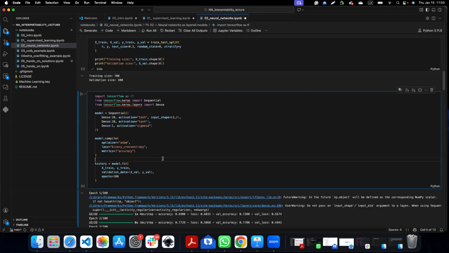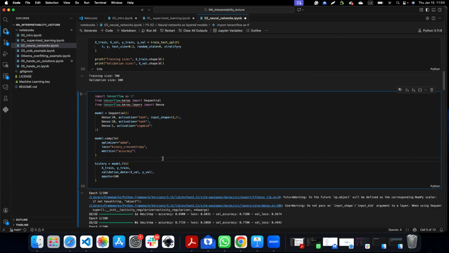It already has an internal learning rate, but you can specify it explicitly later. I'm not specifying it, but you can just say optimizer Adam. The loss function, because we are working with a classification problem, is going to be binary cross entropy. Usually the loss function depends on the problem you're trying to solve.